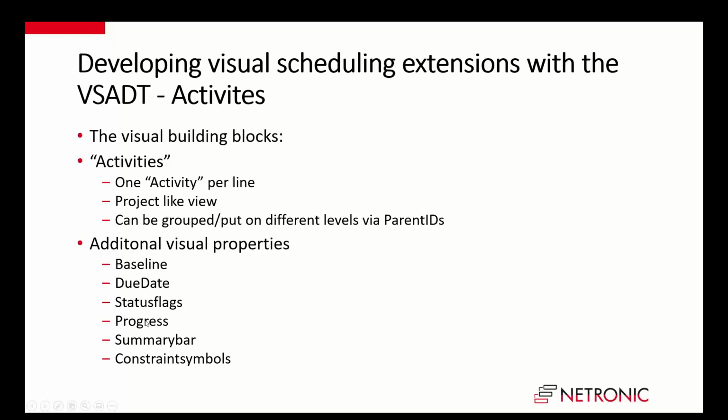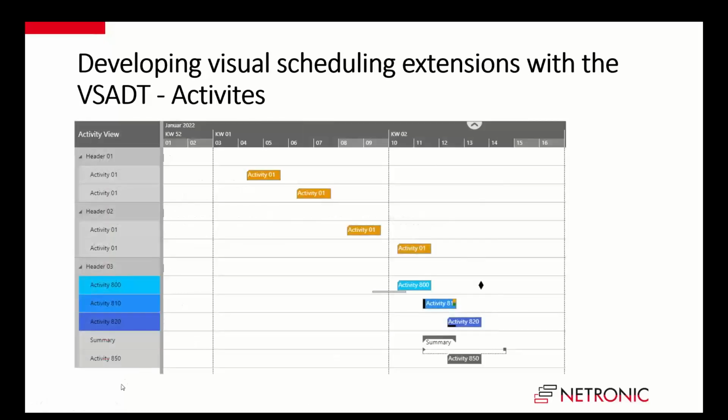And as an additional property, you can see here that we not just have activities which have start and end dates, but you see that we have activities here with some additional visual information, like due dates, for example. These are these diamond symbols, or here these thin lines, which we call baselines.